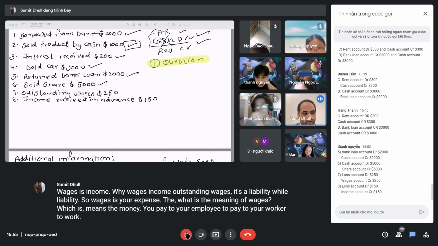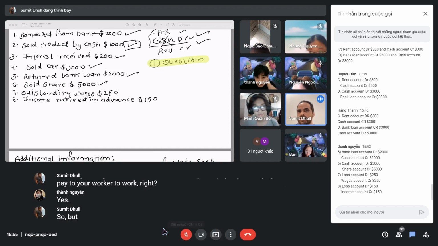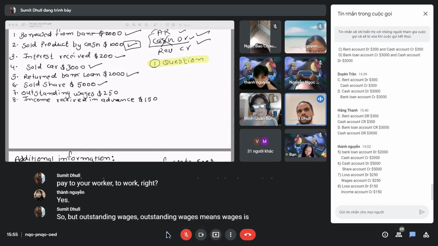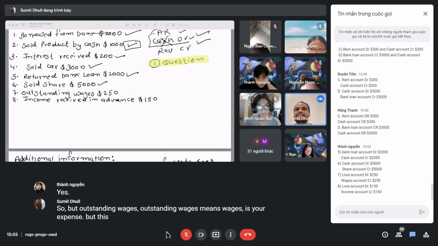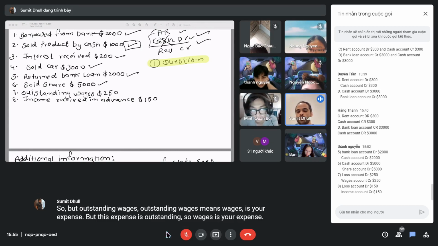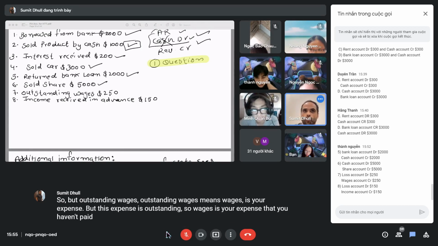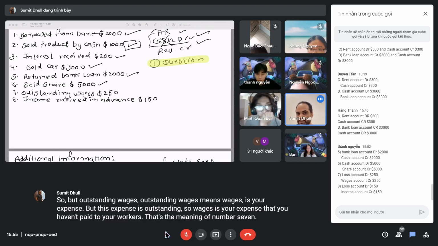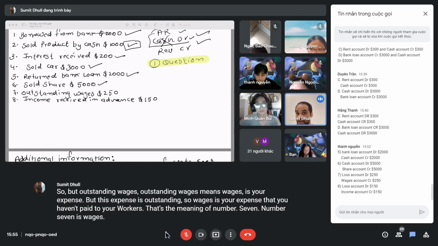But outstanding wages means wages is your expense, but this expense is outstanding. So wages is your expense that you haven't paid to your workers. That's the meaning of number 7.